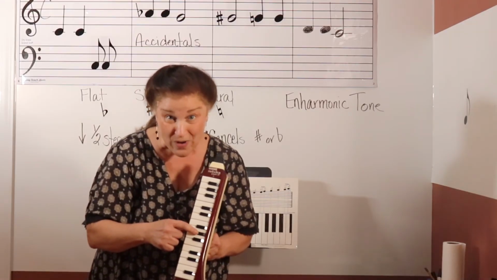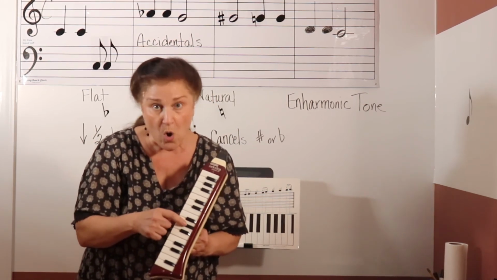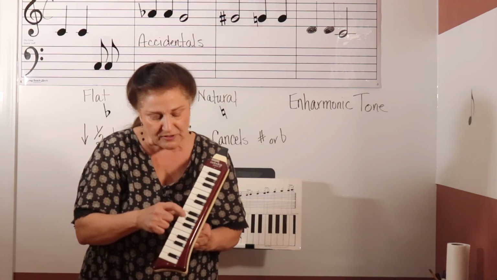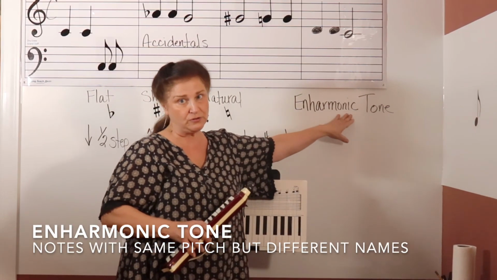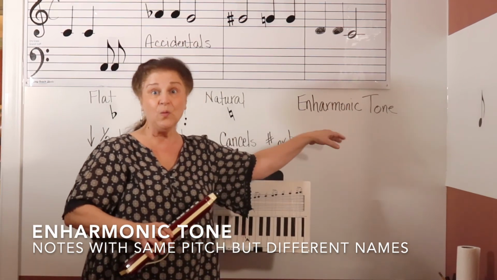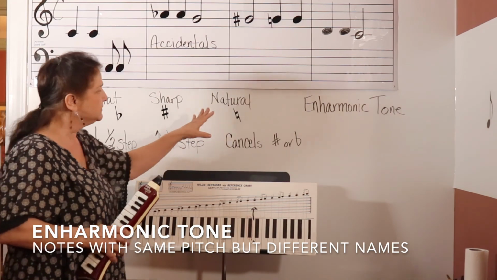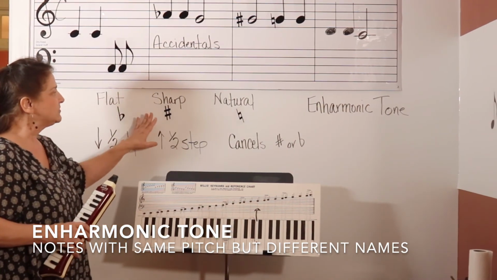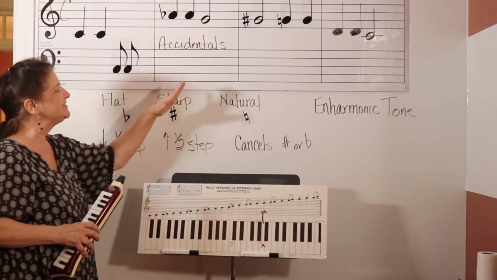So we have 2 ways that we can call that note. It's either a G sharp or an A flat. And that is an enharmonic tone. It is the same pitch with a different name. And they're created by using the accidental signs. The flat, the sharp, and the natural. And these are called accidentals.